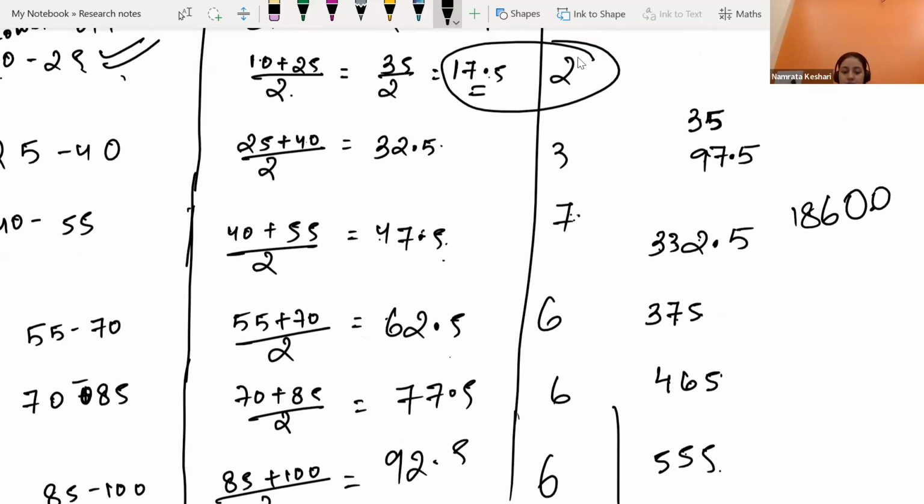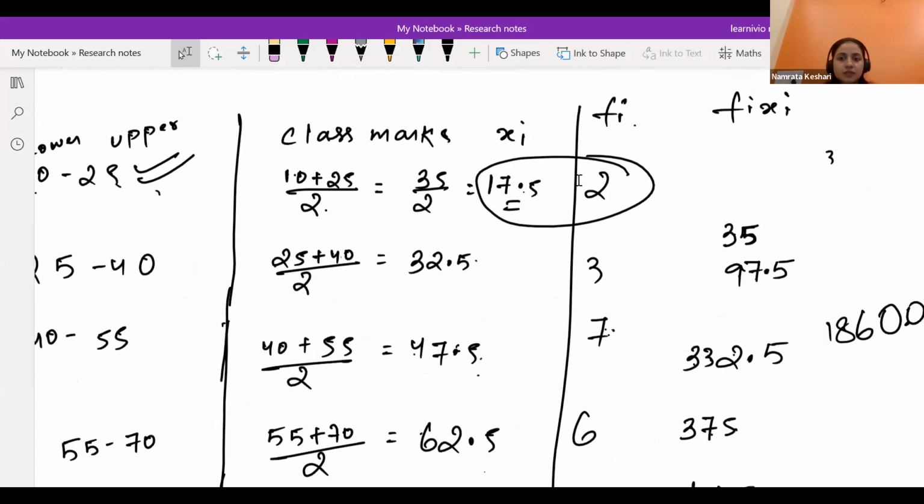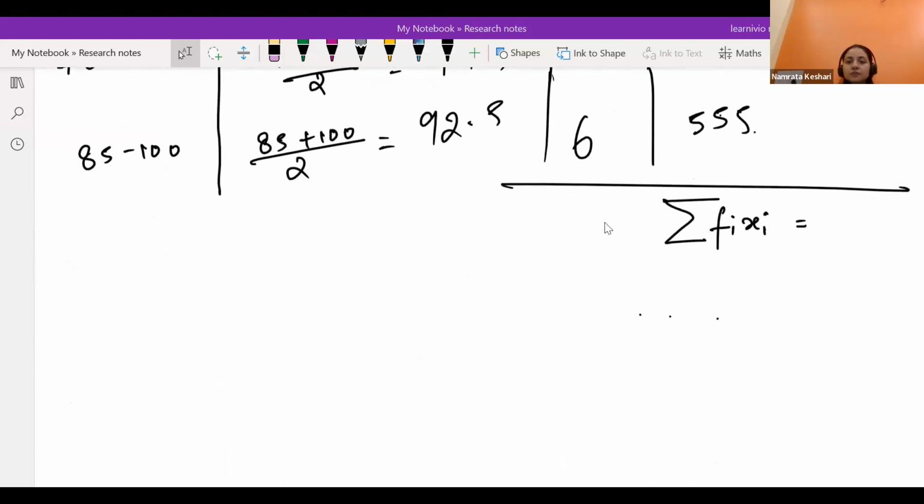Ayan is saying 1860. Okay, 1860. I'm also getting the same. In chat box, I can't see. Is it 1860? Yes, 1860.